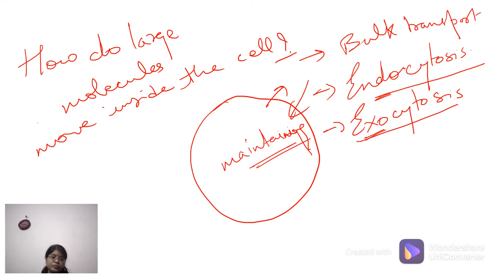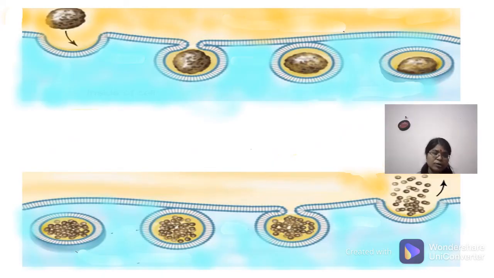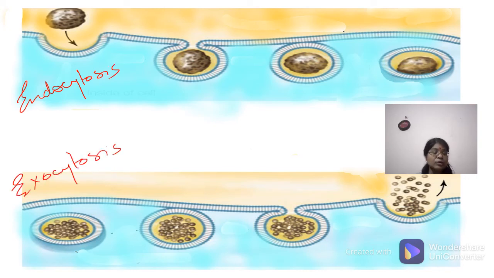Now this endocytosis is further divided into what? If you just look at first endocytosis and exocytosis, this is your endocytosis, and this is your exocytosis. As you can look here, this molecule is being taken in. Here is a small invagination. The first process that happens is the invagination.